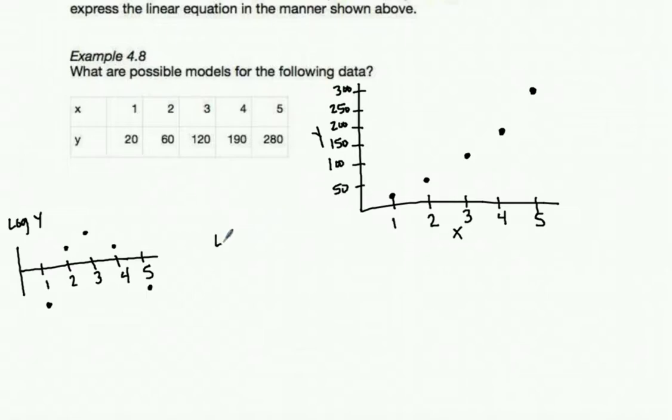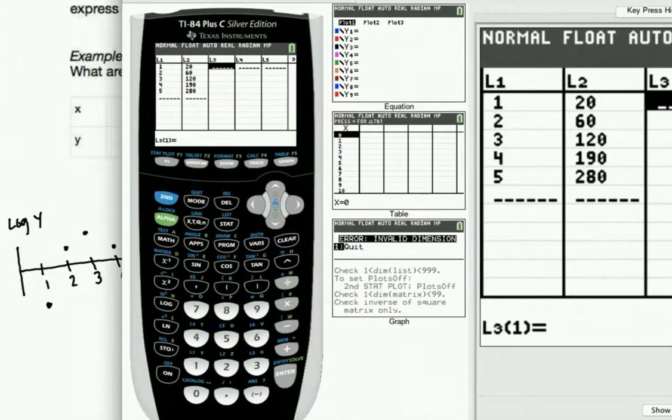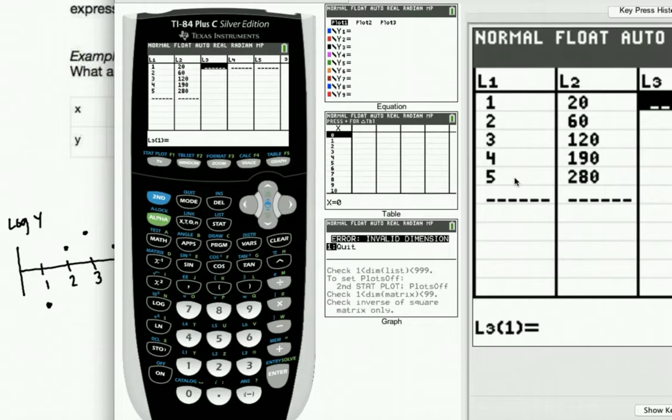So this is going to be log x and log y, and we call that power regression. Okay, so you're erasing everything that you've got in your calculator except for your L1 and your L2. So your L1 should be your original x's, your L2 should be your original y's.